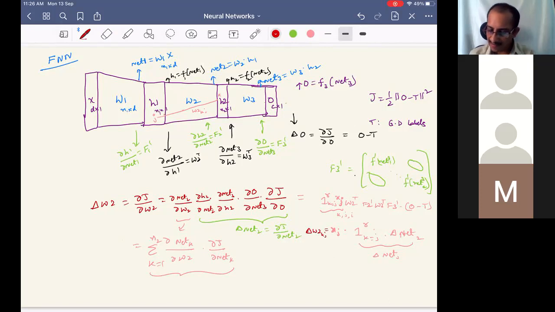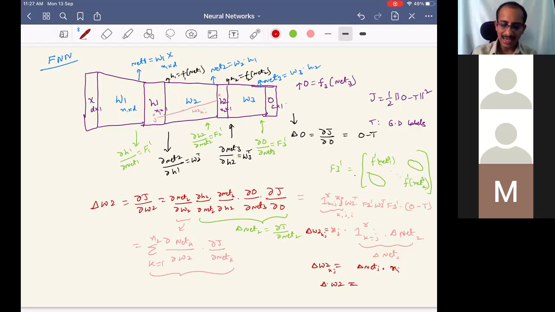Fine, sir. This is equal to essentially delta W2kz, essentially what it does, delta net j into xi. Or this is equal to what? In vector form now we can write. After bringing the element-wise gradients, now we can compose in terms of the whole matrix gradient, that is delta W. How do we write it? Any quick answer? How do we write it?